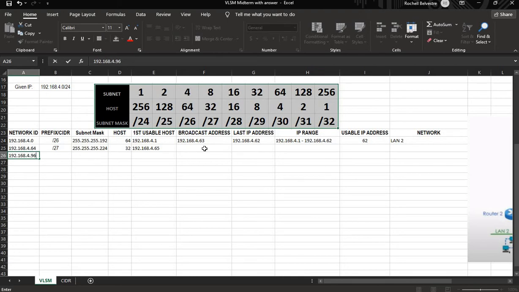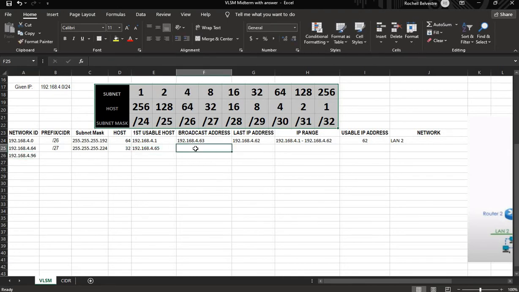So our broadcast address would be 192.168.4.95. We're not going to use 192.168.4.96 because it is allocated under our next network ID.